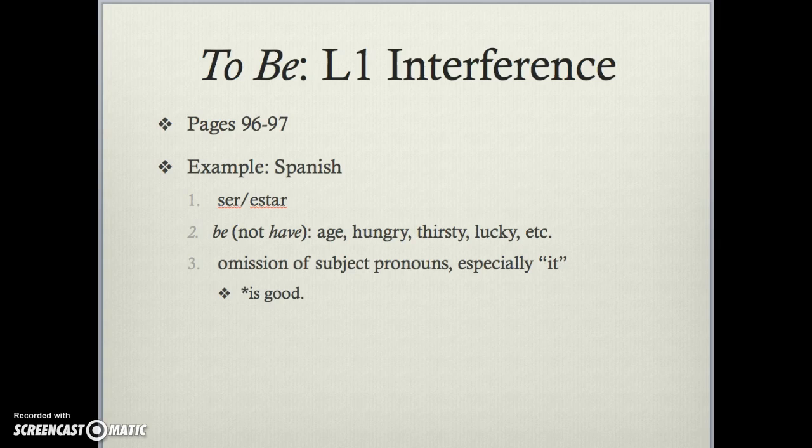Point 1, L1 Spanish speakers replace be with have for things like age, as I mentioned, and that seems to be a persistent error. And 2, students often omit the subject pronoun, especially with it, and this results in fragments. Again, this error is one that persists, even for more advanced ELLs in their speaking as well as their writing.